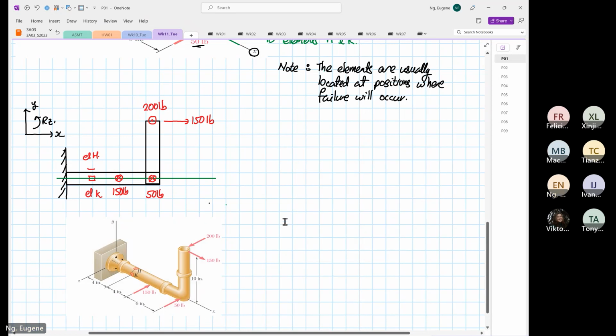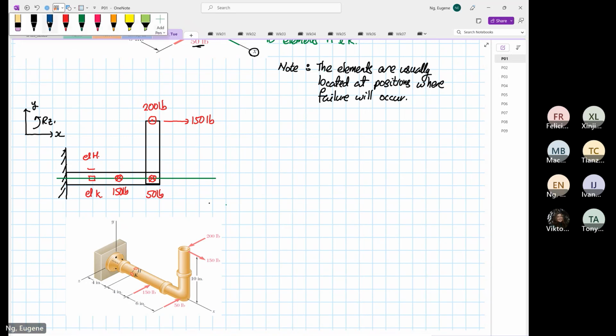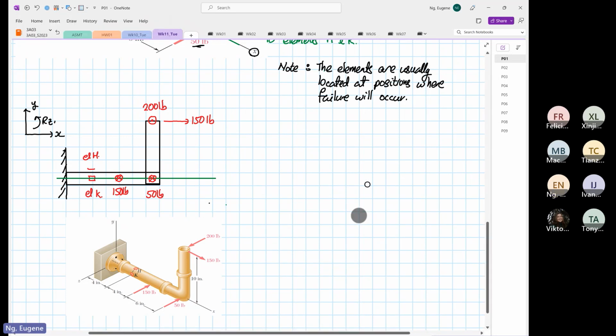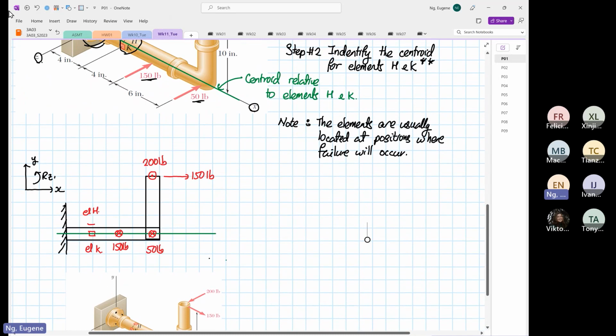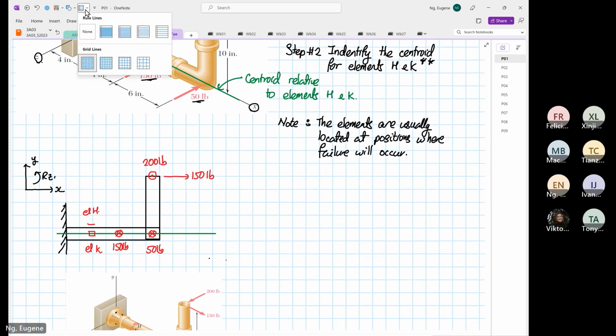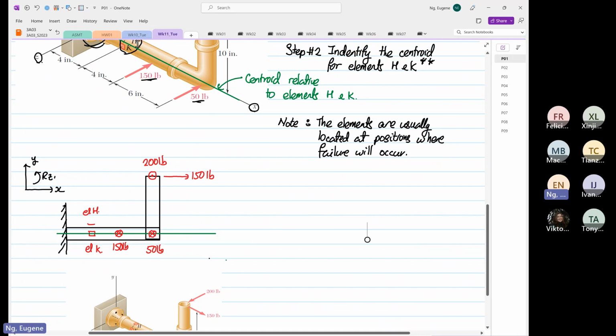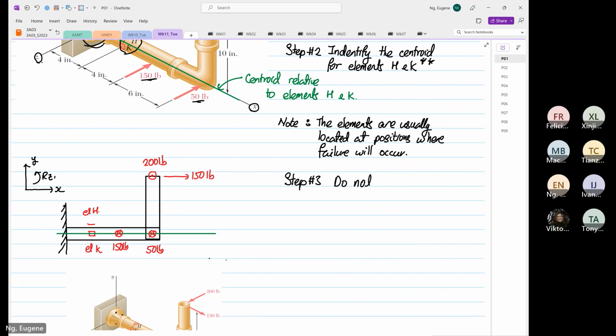So step number 3, what we are going to do now is, do not analyze the dots and crosses.